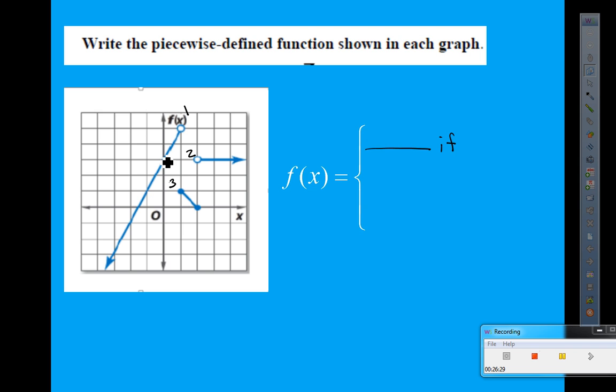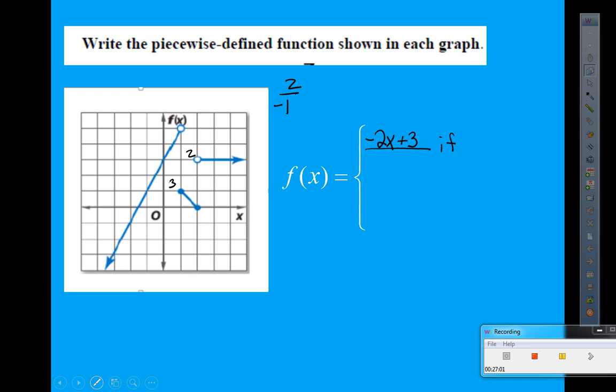It looks like I'm going to go up 2 and over 1. Up 2, left 1. So that slope is negative 2x. And then ask yourself, where does that thing hit the y-axis? Well, it looks like it hits at 1, 2, 3. So the equation of that is negative 2x plus 3.